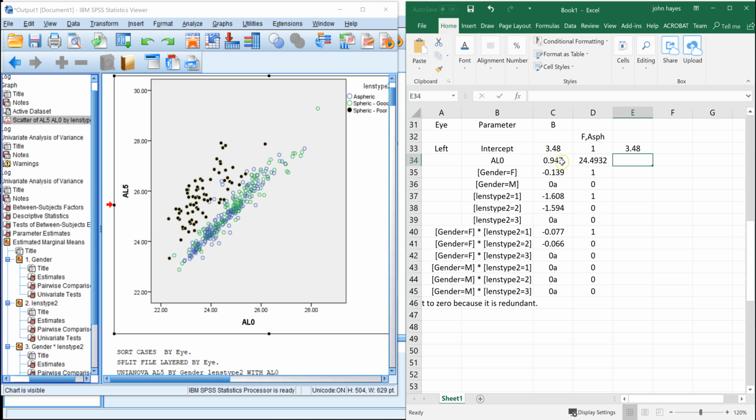The bx here is, the b is the slope coefficient, the b coefficient, times the x value. In this case, the x is the mean of everything. The gender coefficient bx, the gender b, times the x, which is a 1 because it's female. In this case, it's a 0. It never really counts for anything anyway.